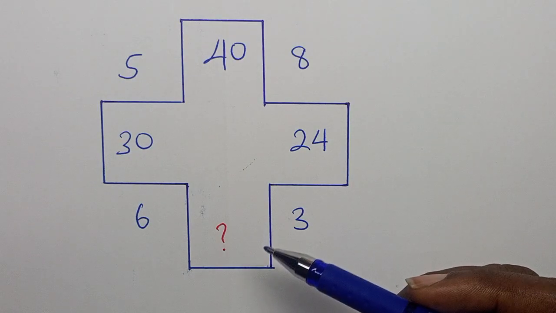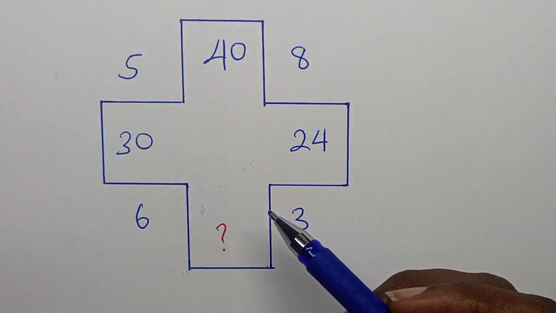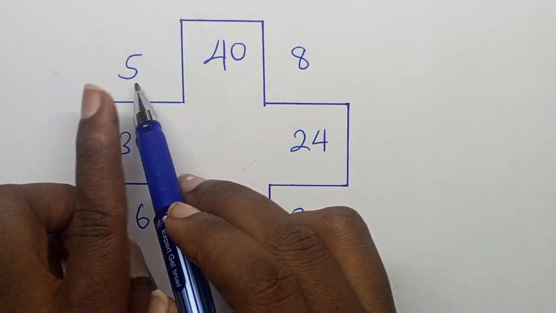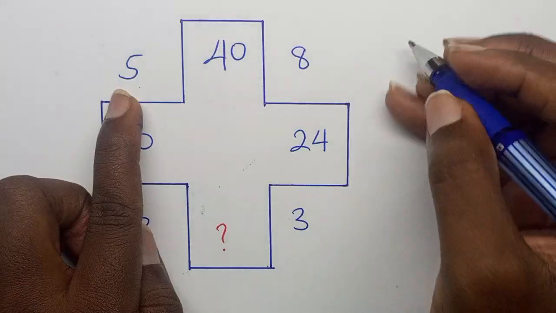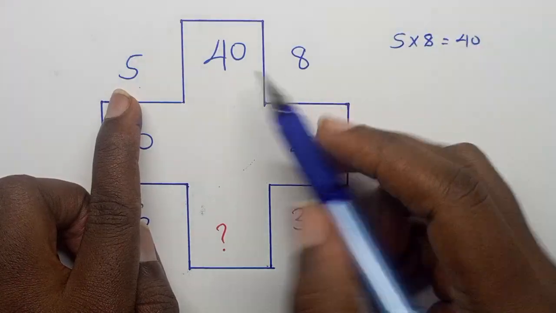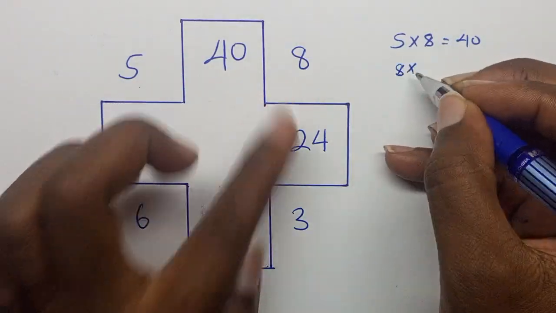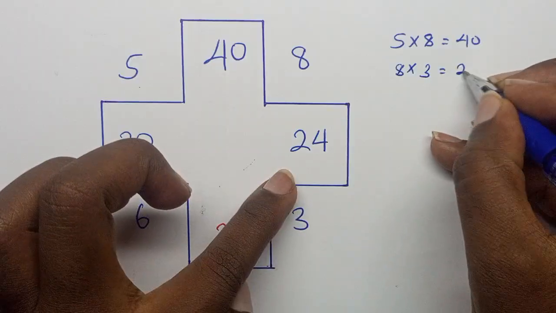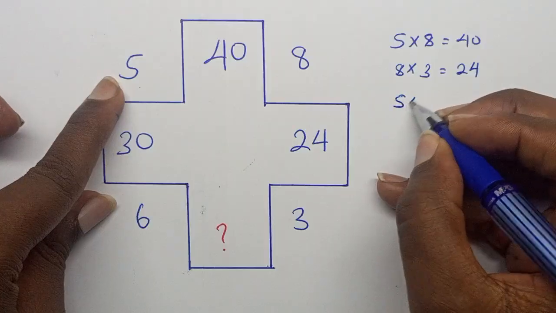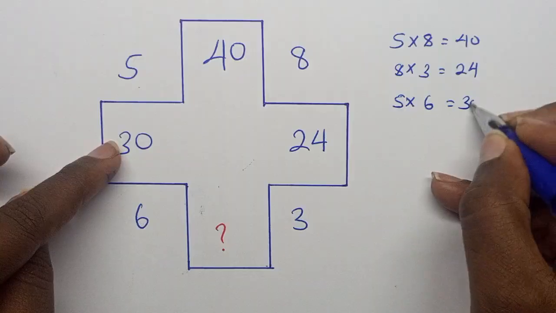Okay, so assuming you've commented your answer, let's continue. If you look at the diagram closely, you realize that when you multiply 5 times 8 is equals to 40. Also, 8 times 3 is equals to 24. Also, 5 times 6 is equals to this value here, 30.